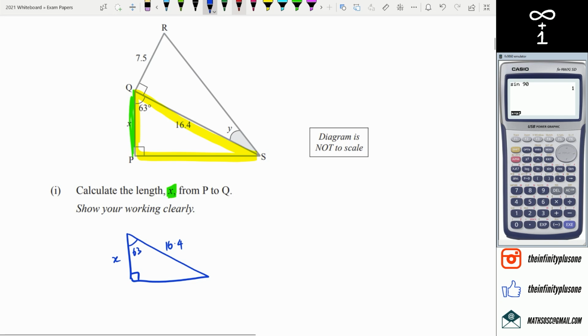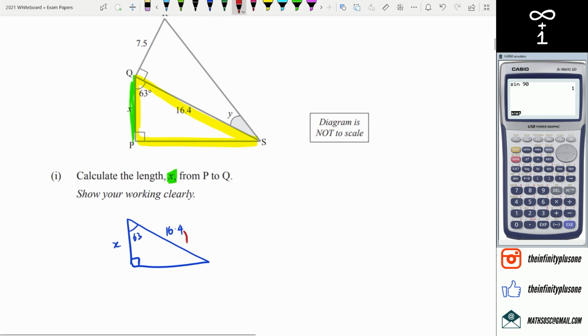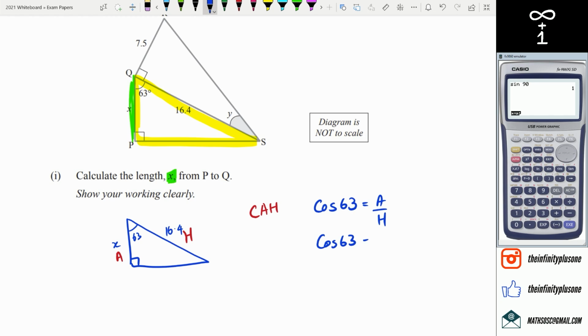I've got to work it out using SOHCAHTOA. Labeling my sides, I've got the hypotenuse here, and then I've got the adjacent. So I'm going to be using the cos rule. Cos of 63 is equal to adjacent over hypotenuse, so cos of 63 is equal to x over 16.4.